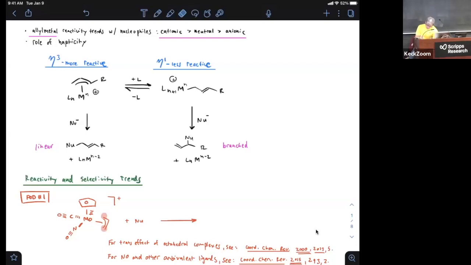You've got a 50% chance of being right. Attack the upper one. You would attack the upper one. Why? Well, you could consider it trans to the NO. The other you could consider trans to the CO. So by that logic, if CO is a better trans effector, the lower position is more electron rich. But if I'm wrong, say everything the opposite, and it's still okay.